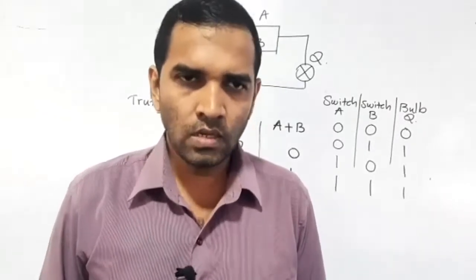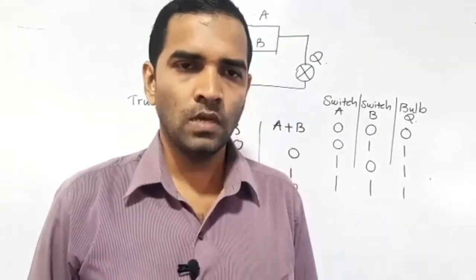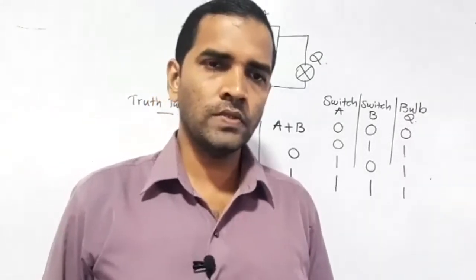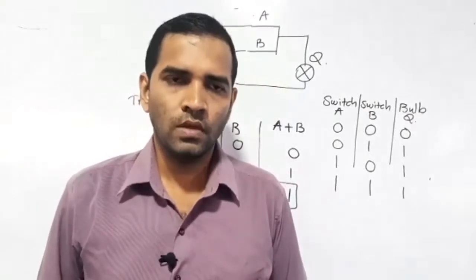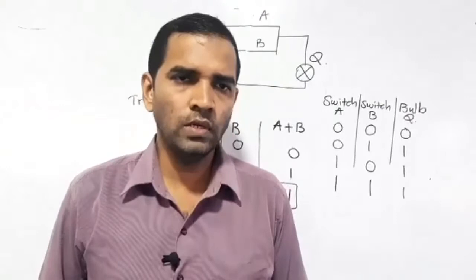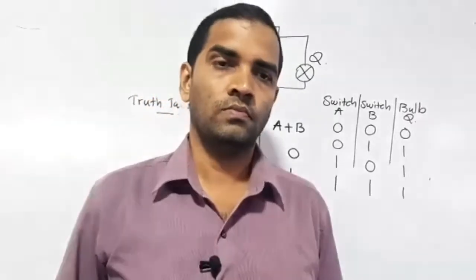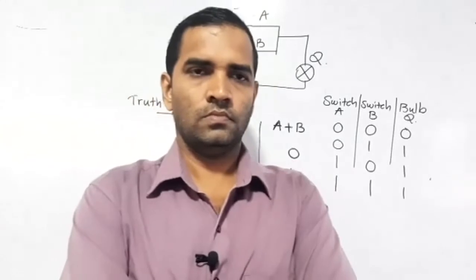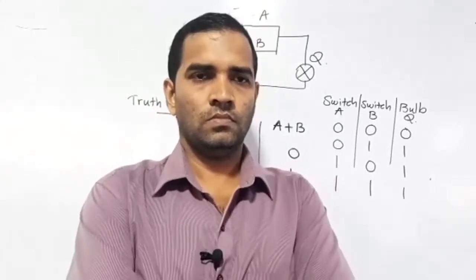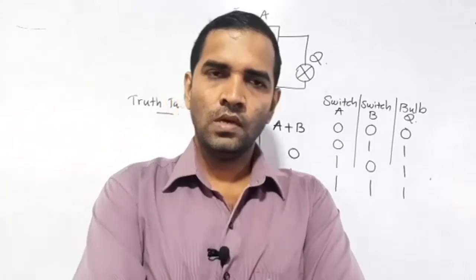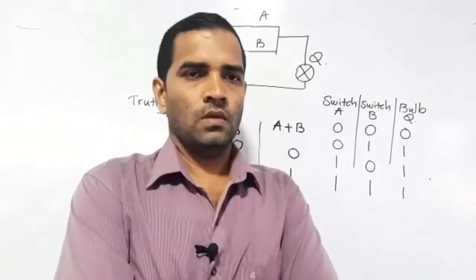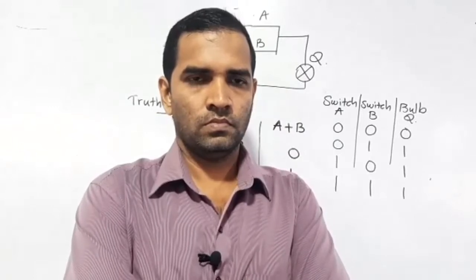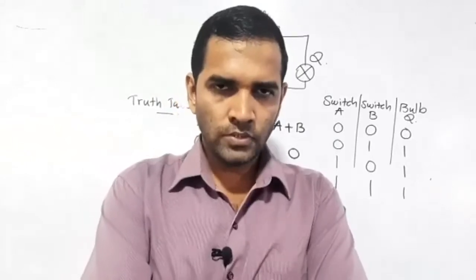So I repeat it, when one of the inputs is high, put a comma, electricity is found as output. Right, full stop and continue.